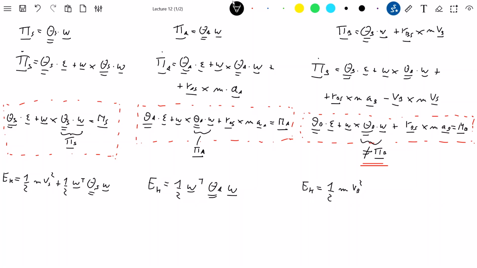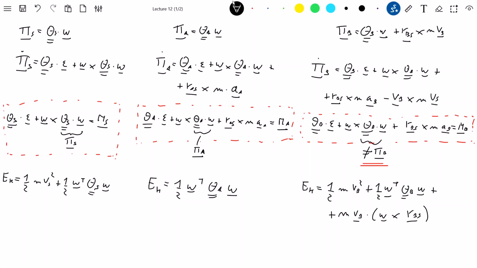It's 1 over 2 VB squared plus 1 over 2 omega transpose theta B omega plus this additional term, which I usually don't even remember, so it's mass times VB times omega cross product RBS. Okay, this was explained I think 2 weeks ago in lecture 10 if I'm not wrong, and that's it. So this is the equation.